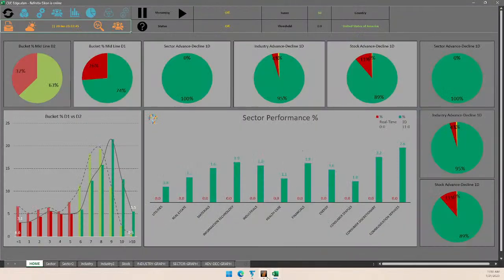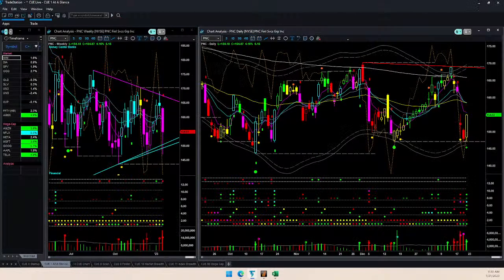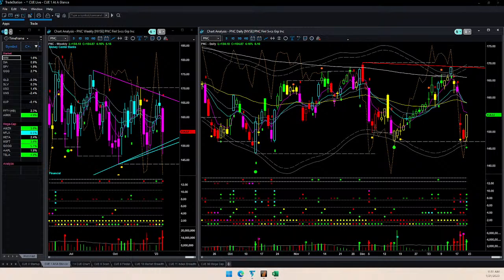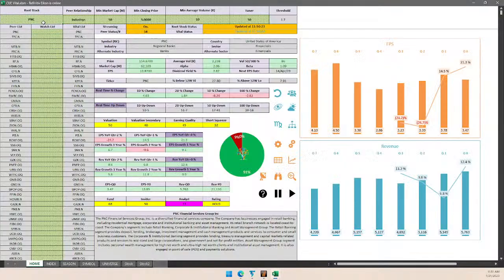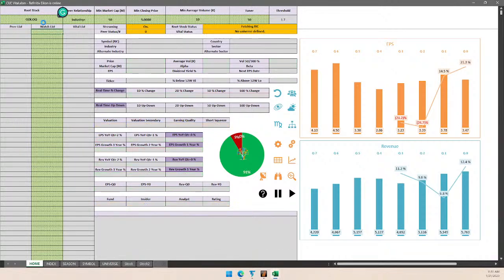But was PNC the only stock you could buy in regional banks? No. Let's look at this stock, OZK. Look at its fundamentals also. OZK, a peer stock.